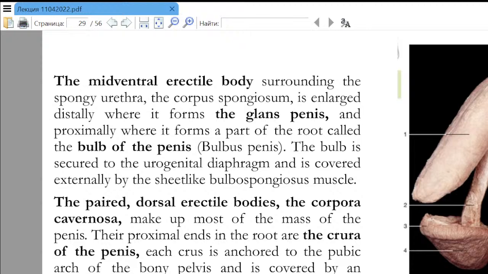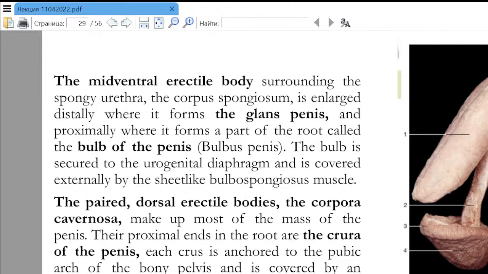Each crus is anchored to the pubic arch of the bony pelvis and is covered by the ischiocavernosus muscle.